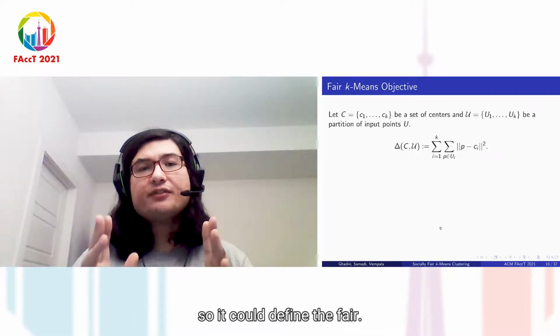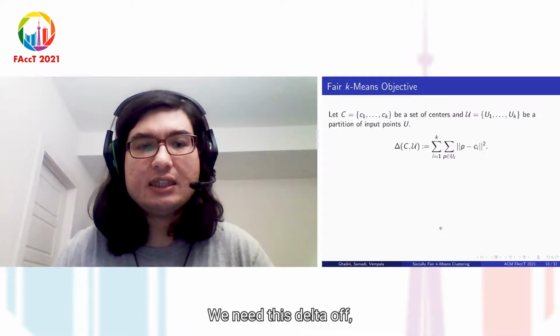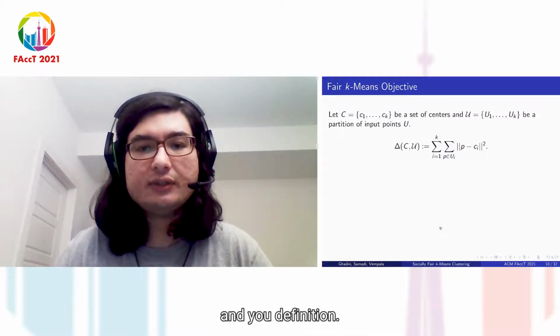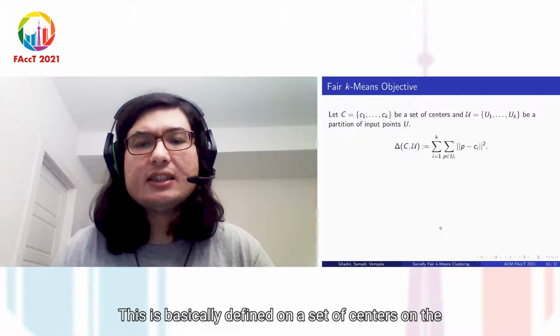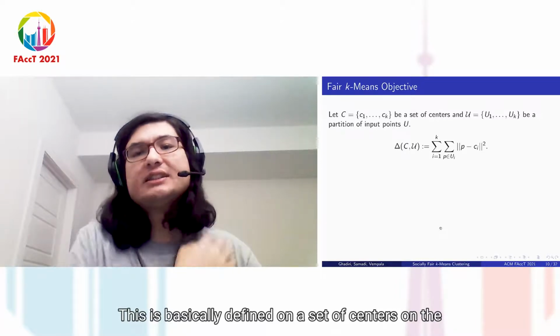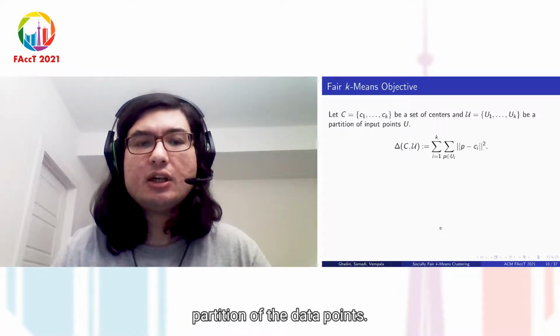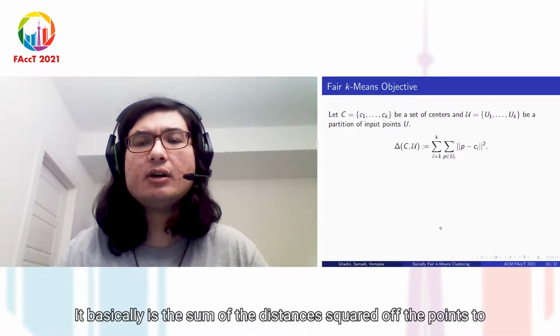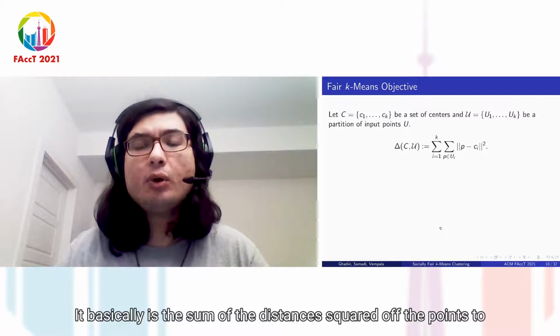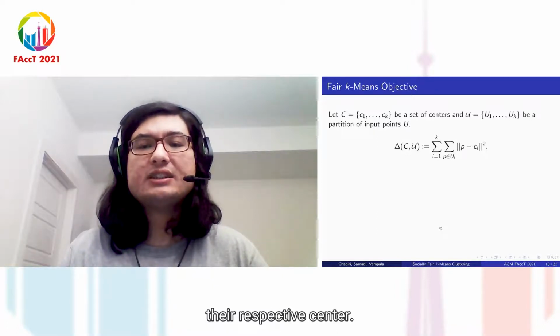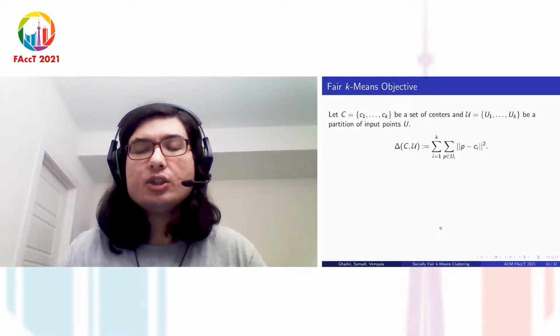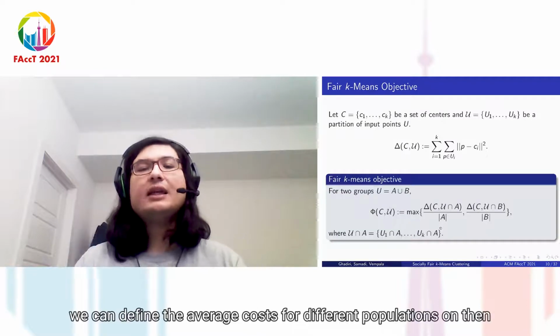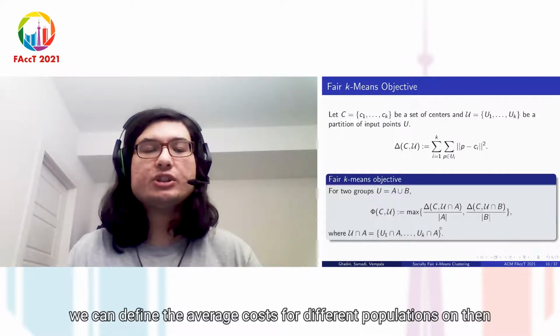So to define the fair k-means objective, we need this delta of C and U definition. This is basically defined on a set of centers and a partition of the data points, or a clustering. It basically is the sum of the distances squared of the points to their respective center. Using this, we can define the average cost for different populations.